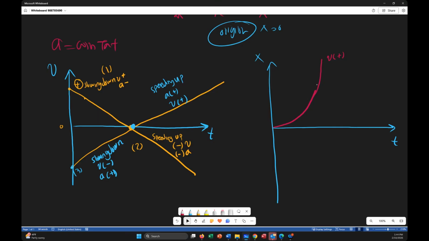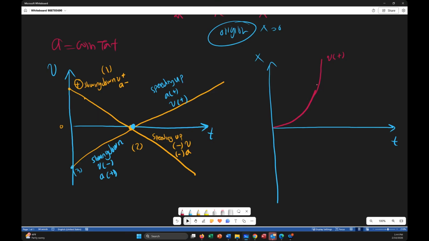Why is velocity positive? Because the slope of the tangent line gets bigger. The slope of the tangent line. Which one is the steeper? That one. So it means that the velocity is getting bigger, speeding up. Okay. And the slope is positive.